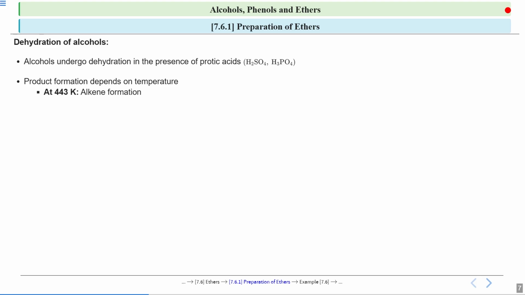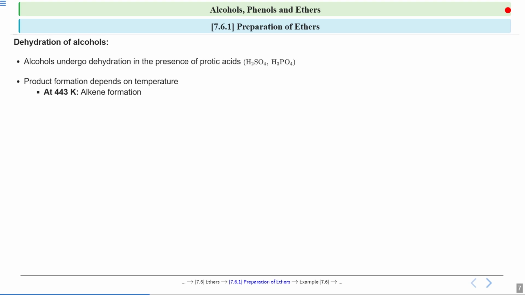Now what happens in this dehydration of alcohols? Whether your ether will be formed or your alkene will be formed depends upon your reaction conditions. I mean to say, whenever you are taking an alcohol in the presence of a protic acid, it is not always necessary that an ether will be formed.